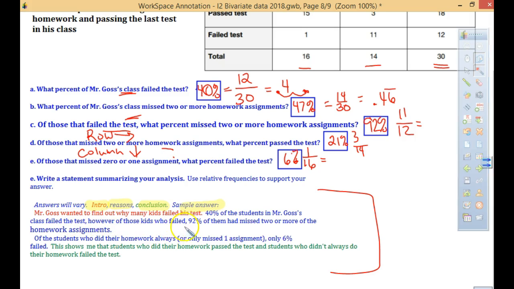However, of those kids who failed, 92% of them had missed 2 or more homework assignments. Of the students that did their homework, only missing 1 or no assignments, only 6% failed. That shows the students that are doing their homework passed the test, and those who didn't do their homework were possibly failing the test.